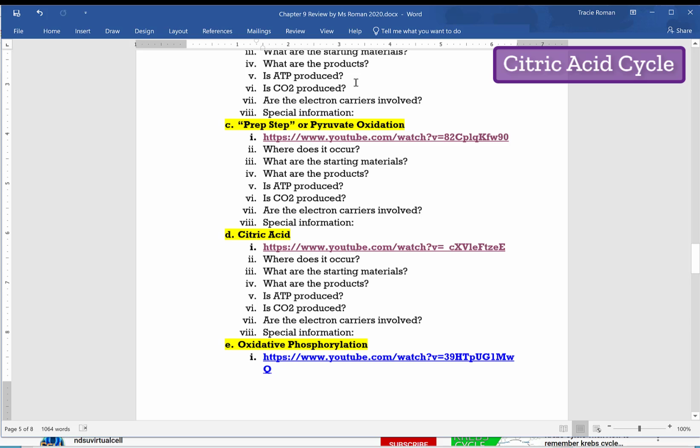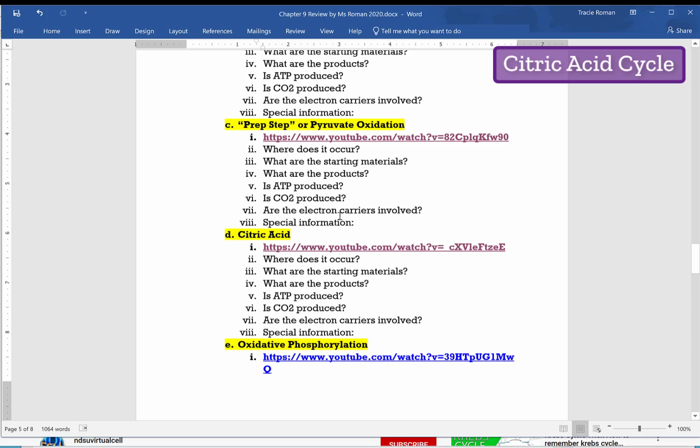So we have 2 molecules of ATP produced in the citric acid cycle, and we had 2 molecules of ATP produced in glycolysis. Are the electron carriers involved? Yes. Both of the electron carriers are here. CO2 is produced, 4 molecules of CO2 per molecule of glucose.